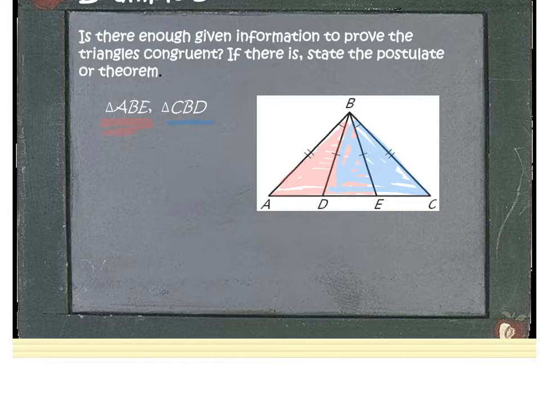So if I draw, and let's see, maybe I can do it in red to show you. And I don't want highlight, I want the pencil. So ABE. And then I'm going to draw the blue one, and then BCD.